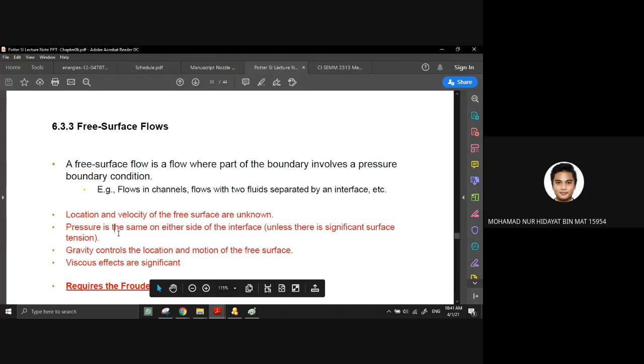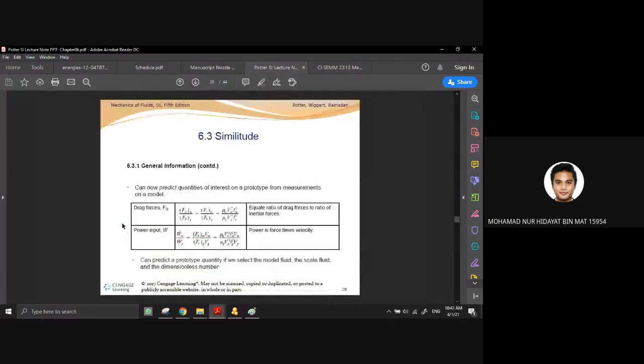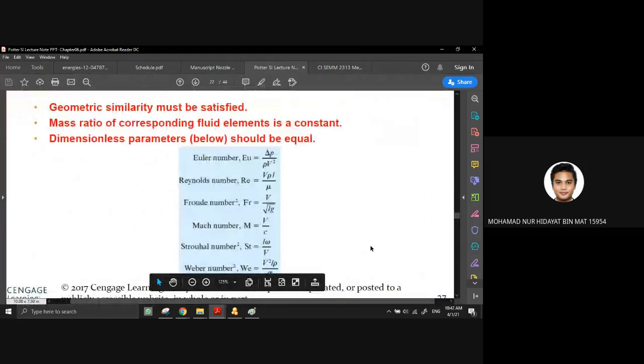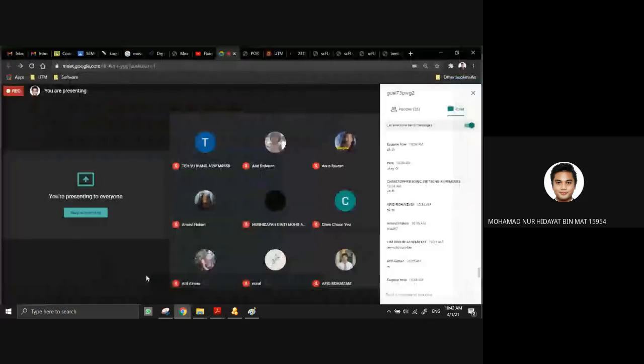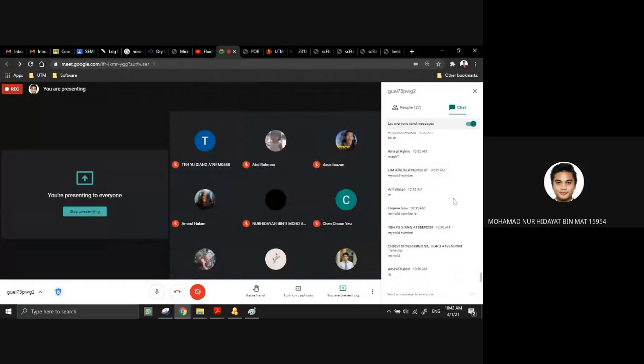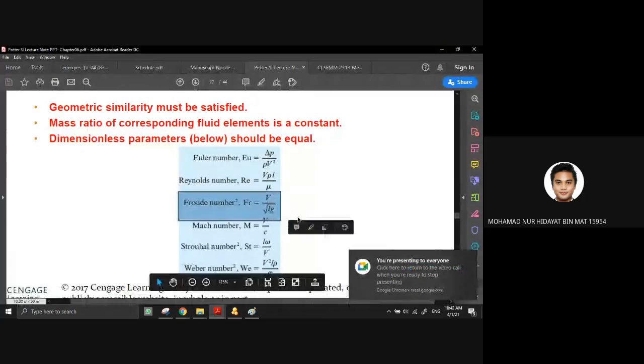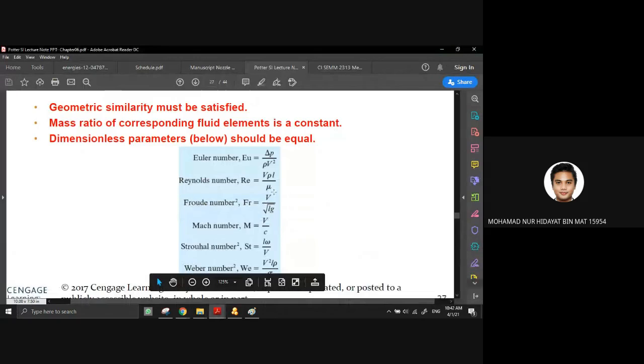What's the dimensionless parameter that relates to gravity? Please find which number relates to gravity. Anyone? Froude number. You can see the Froude number is related to gravity. There is no dimensionless number other than the Froude number related to gravity.